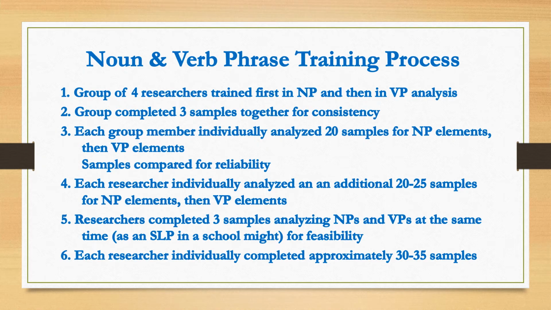Just a brief stop. This is probably more information than you want to know, but basically we trained before we did our subanalysis, established reliability for each type of analysis, then made sure that we could accomplish all subanalyses together to see if it was feasible to expect you to do the same thing in a diagnostic. I'm happy to report that this subanalysis is feasible and can be accomplished relatively quickly.